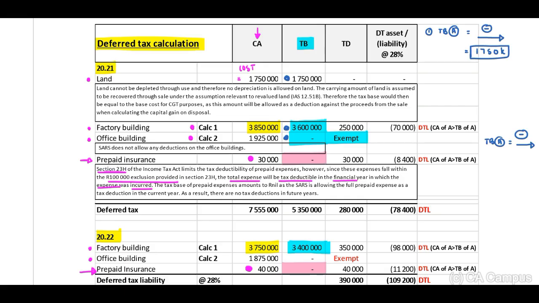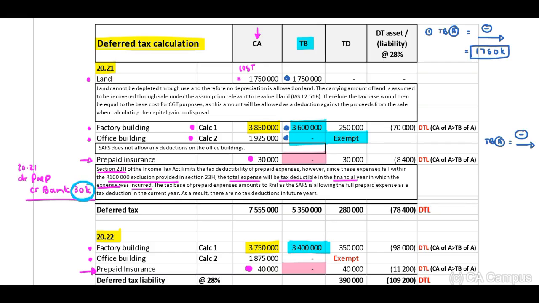Now, let's just take this one step back. If you think about our journals, remember, we've indicated in the year in which they paid. Therefore, for 2021, debit our prepaid, credit our bank. Now, in the year where they've paid this 30,000, they were able to deduct this 30,000 for tax.